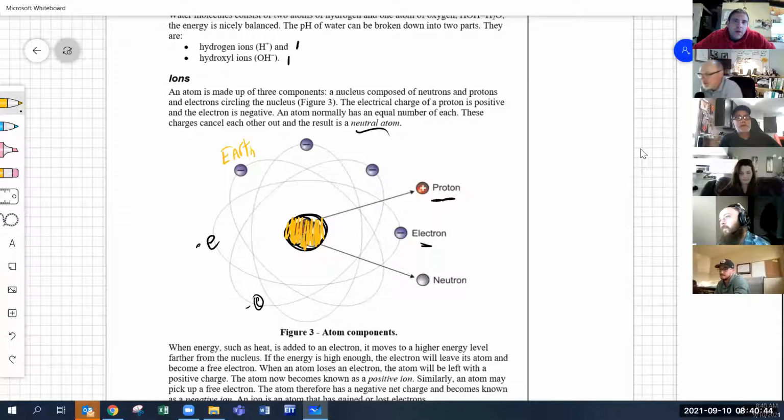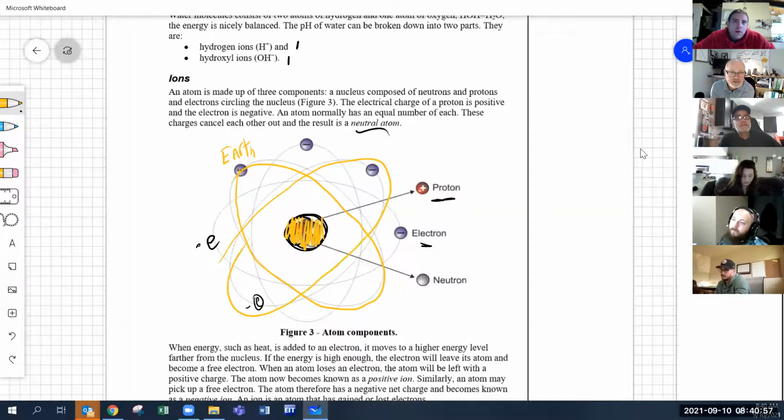Oh, wait, our planet is not flat, by the way. Just want to throw that out there. It's kind of like the orbits that go around our sun. It's very similar. Can you imagine that? It's all the same. From the big to the small, it's all the same.